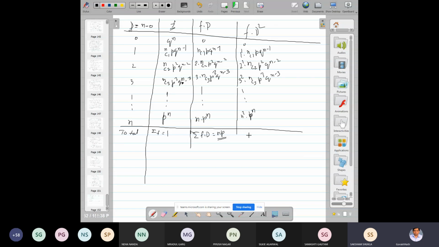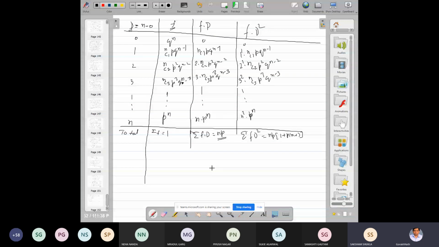Now suppose we consider the sum of this, sigma f d square. Then this will be np into (1 plus (n minus 1) p).